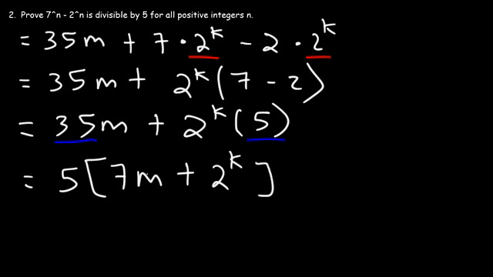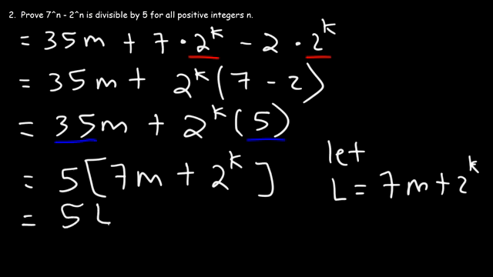Now, both m and k are integers, which means this entire expression has to be an integer as well. So we can let L equal 7m plus 2 raised to the k. So all of this is equal to 5L.